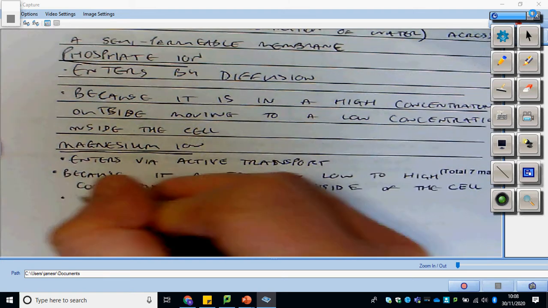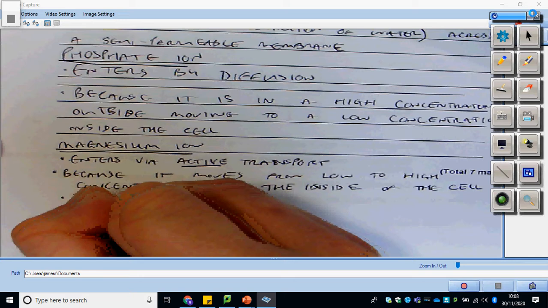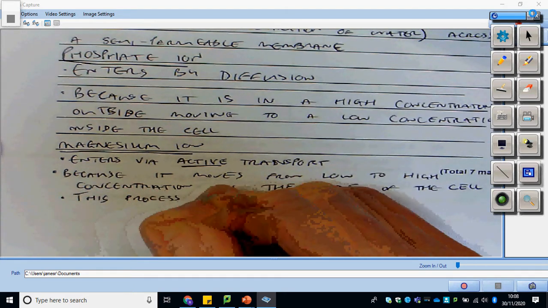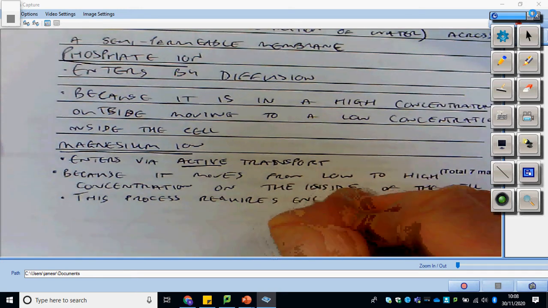Now, one thing I'm going to make a note of, just because it is active transport, this process requires energy.